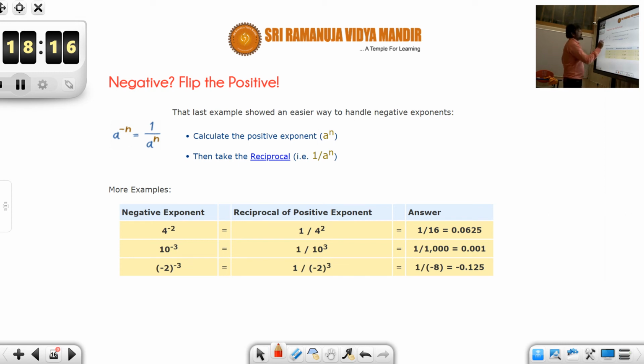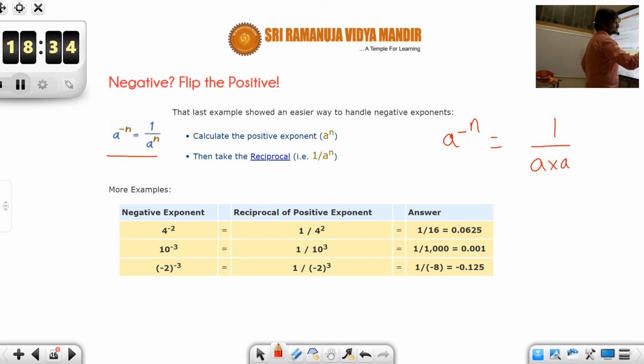So negative exponents. A raised to the power minus n, as we have already discussed, what does it mean? Initially, divide 1 by the number. How many times will we divide? N times.